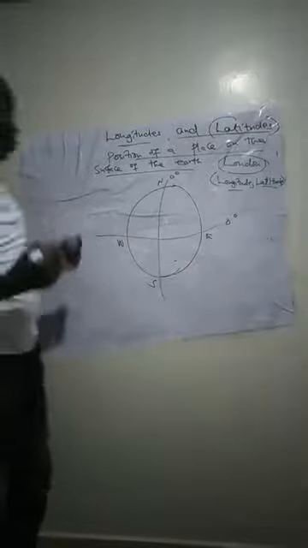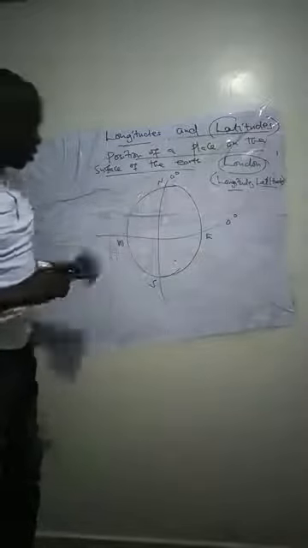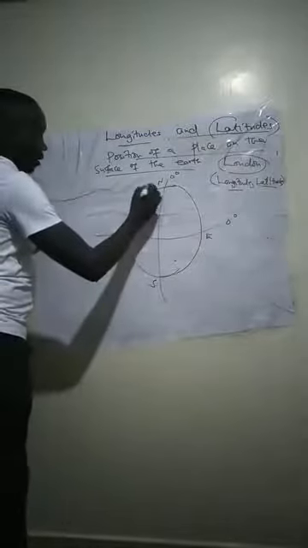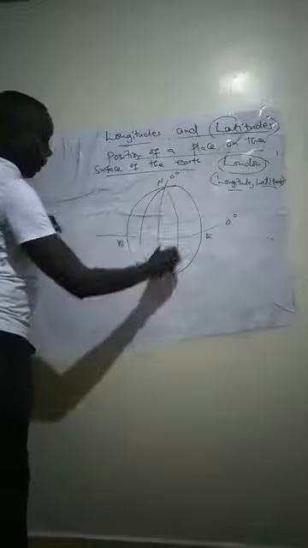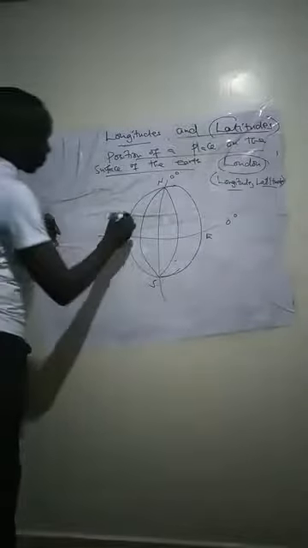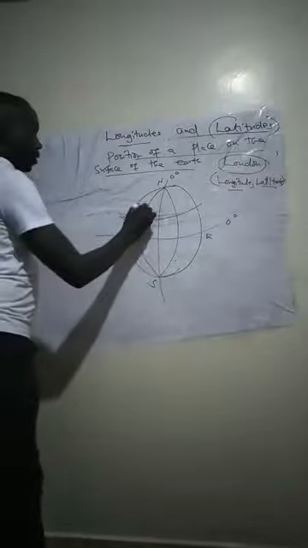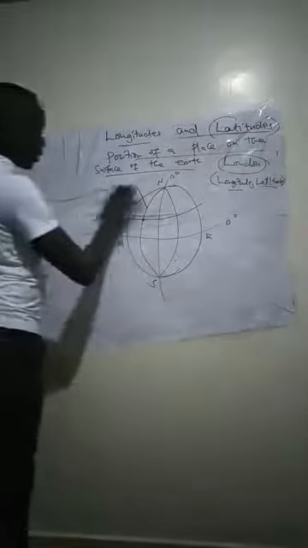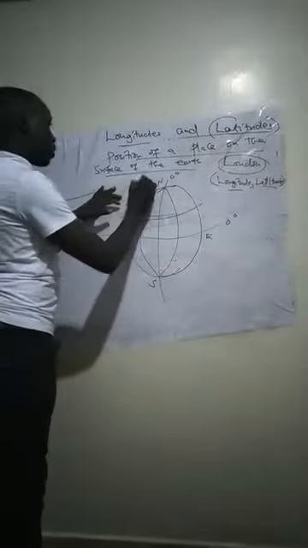For you to give the place, you must give the longitude and the latitude in that order. Let's say, for example, you have a town say at this point, and you're told that this longitude is to the western side, so we can talk about maybe 40 degrees west, and this latitude is to the northern side, or the northern part of the equator.